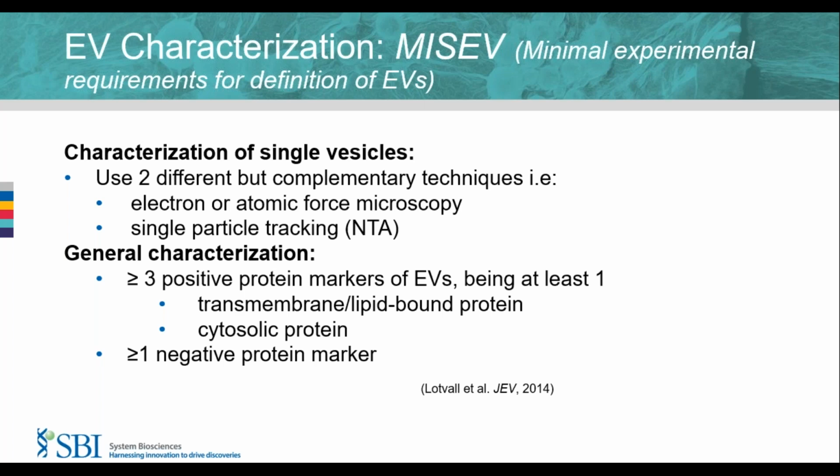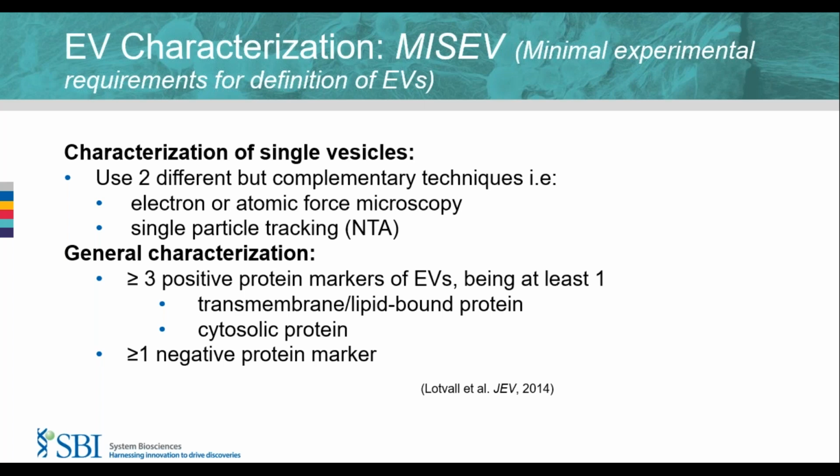But for now, what is recommended is that, to characterize the single vesicles, one should use at least two different and complementary techniques. That is, for example, electron or atomic force microscopy to have an image of the EVs and see the size and the shape. And then also single particle tracking, like nanoparticle tracking analysis, where one can assess both the size and the count.